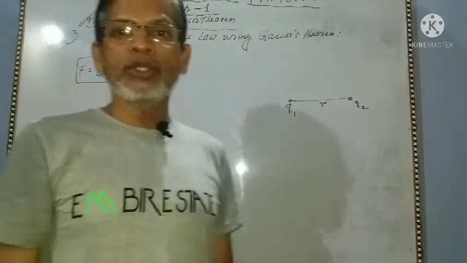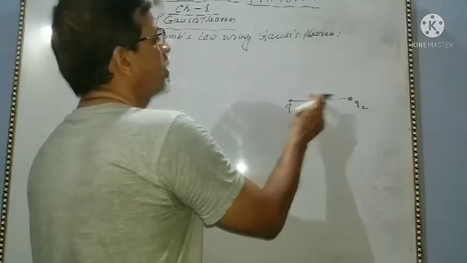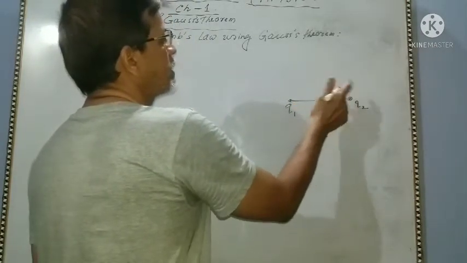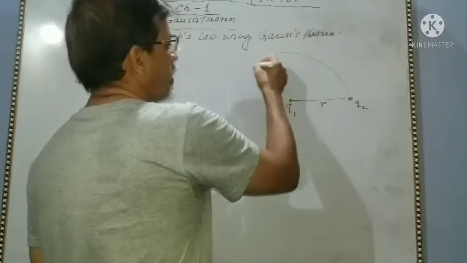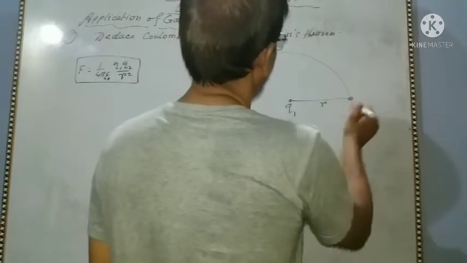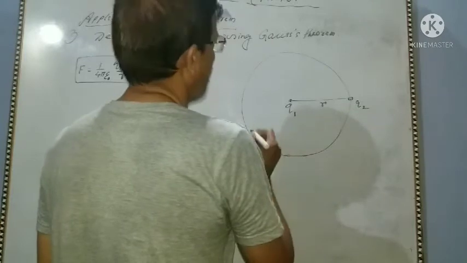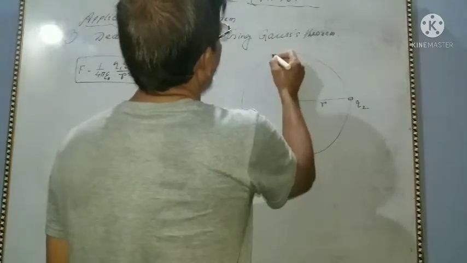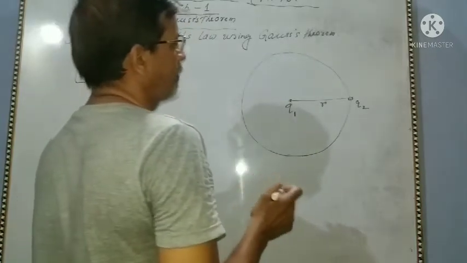To apply Gauss theorem we need a closed surface, so taking this as center and this as radius we draw a sphere.